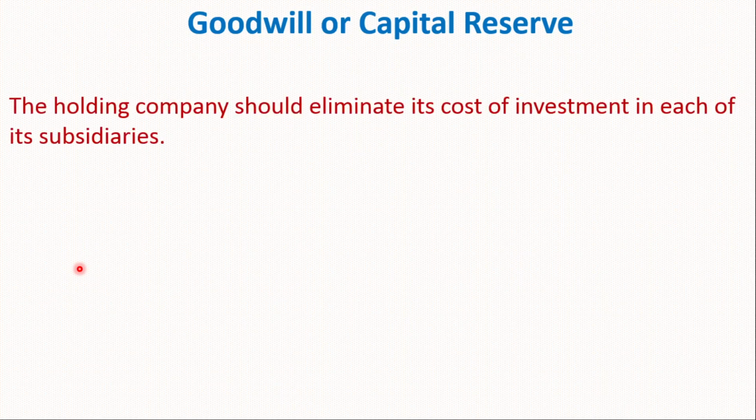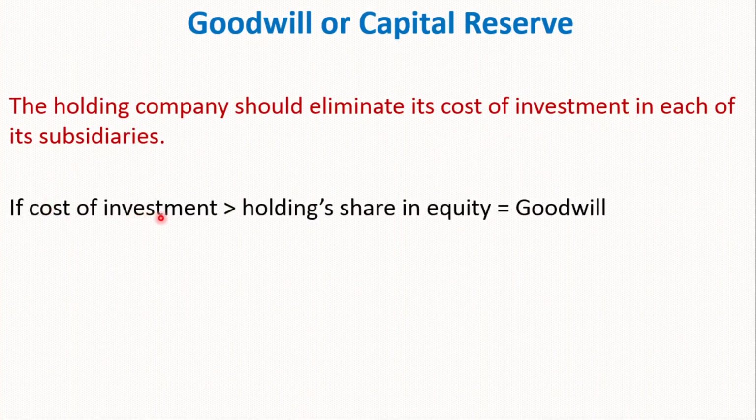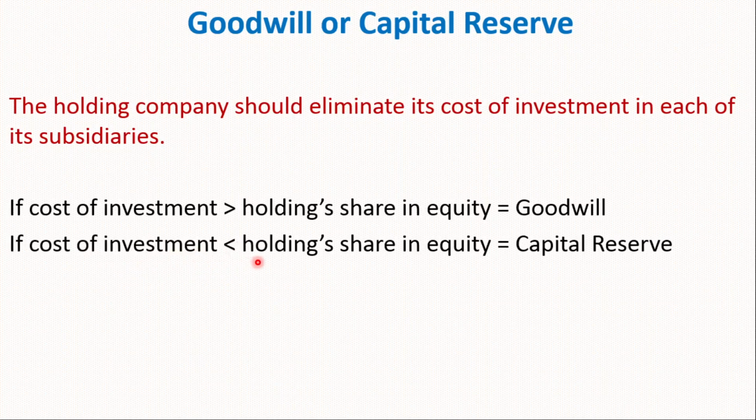And the case where goodwill or capital reserve is generated. As you know, the holding company should eliminate its cost of investment in each of its subsidiaries. If the cost of investment is greater than the holding's share in equity, there is goodwill, and if the cost of investment is less, then there is a capital reserve.